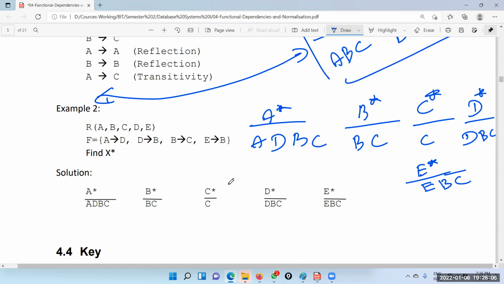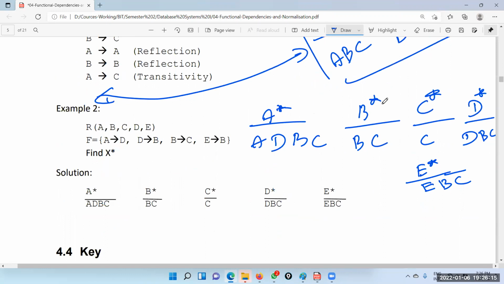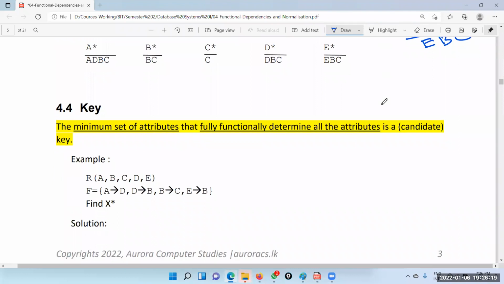Right. Now you know how to find the closure, right? Then we have the concept called key. Now we know the definition of a primary key, right?